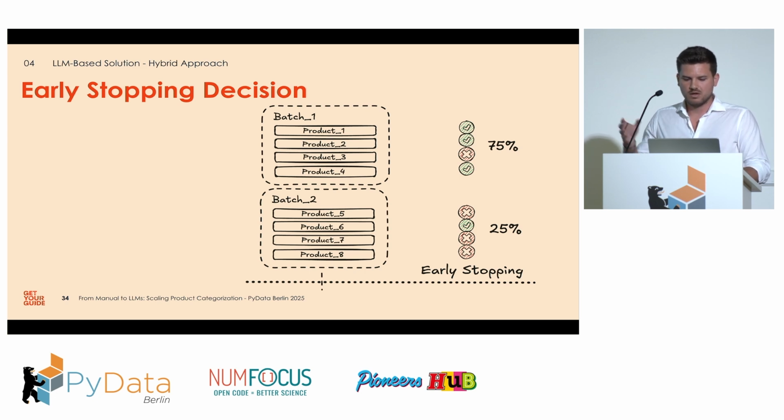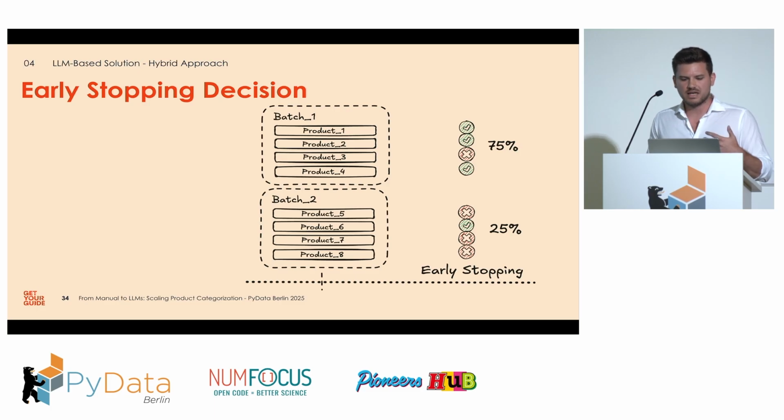Now, when we start to create those batches, we needed to create this early stopping mechanism, because we were expecting that with the first ranking using the OpenAI vectors, we would get a good approximation of which products should be assigned to which category.